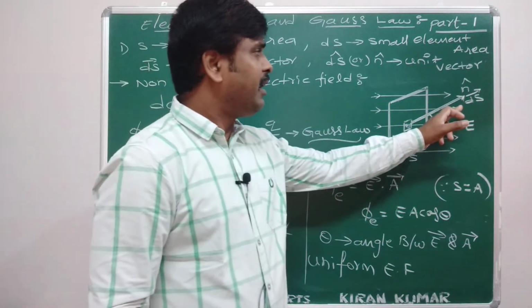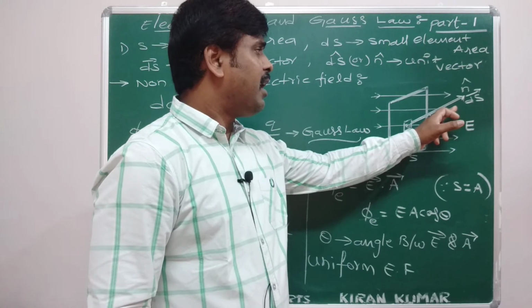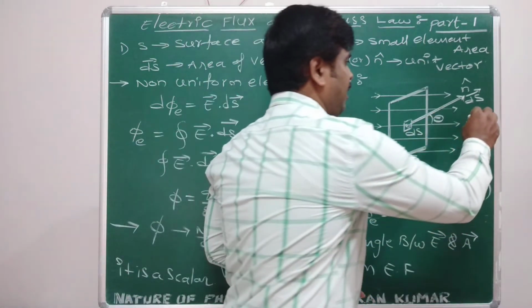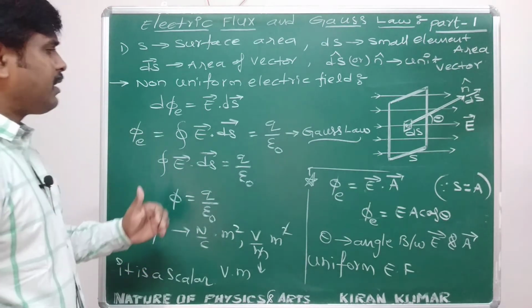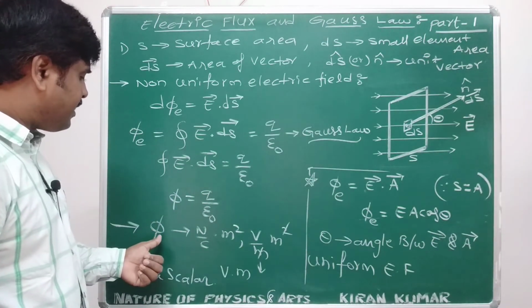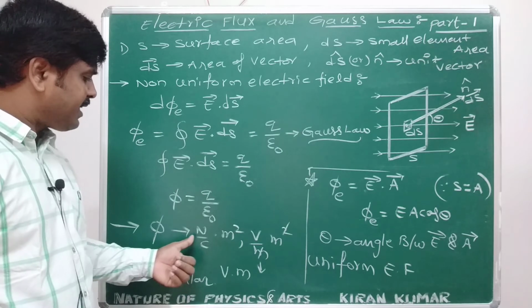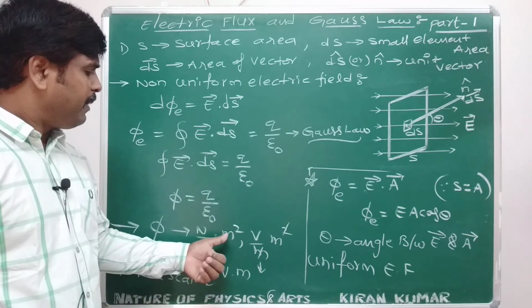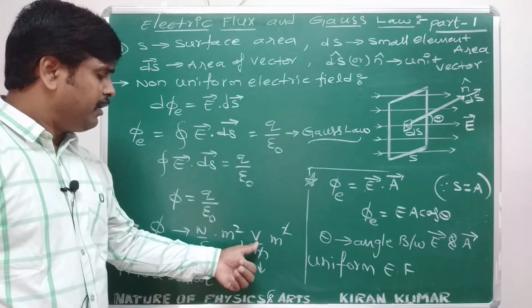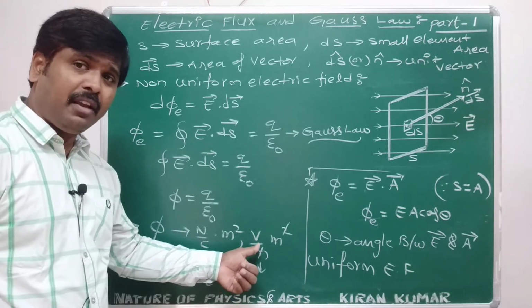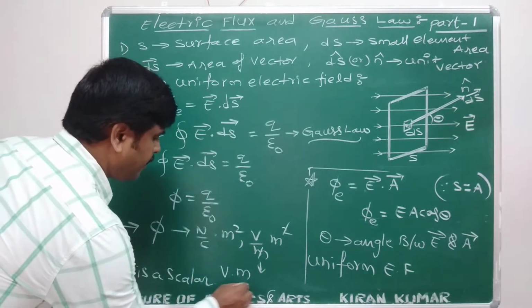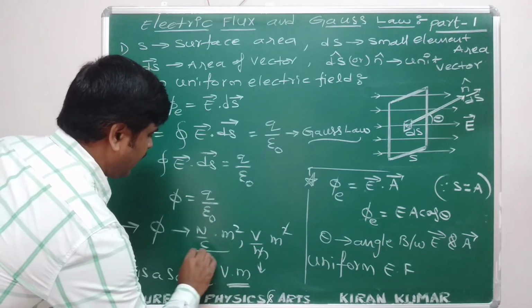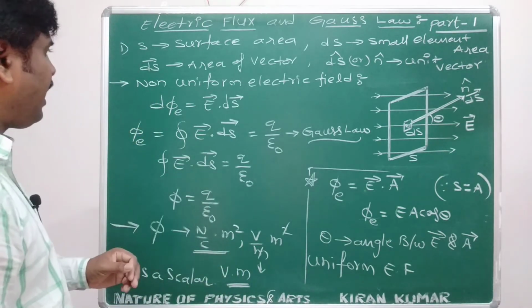Here ds bar is the area vector and E bar is the electric field, and both make an angle theta. This is the electric flux. The SI unit is Newton per Coulomb meter square, that is volt per meter into meter square, that is volt meter. These two are the units for the electric flux. It is a scalar quantity.